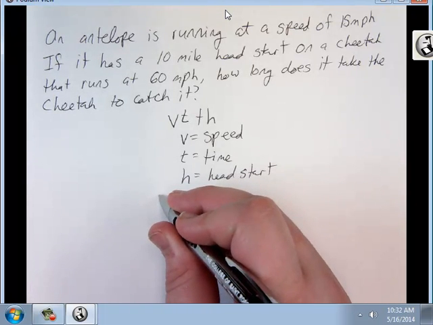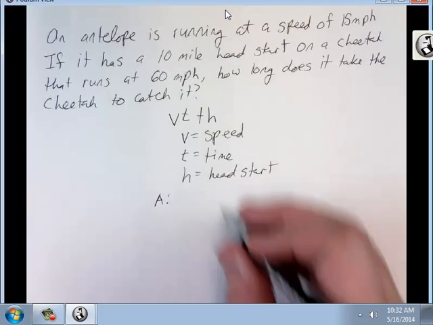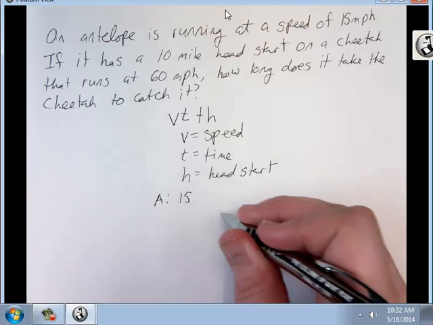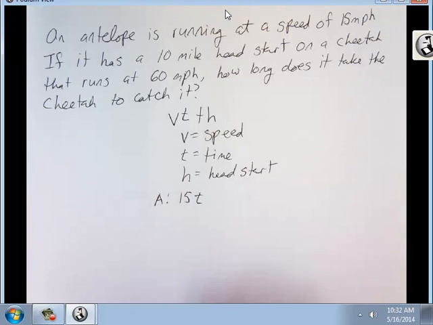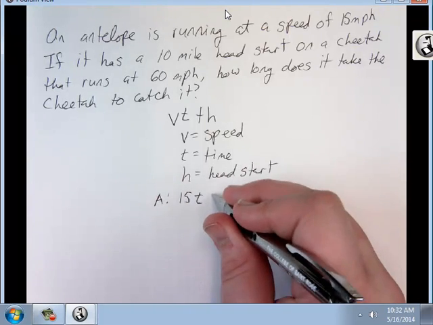So the antelope is going 15 miles per hour. We don't know the time. Plus it has a 10-mile head start.